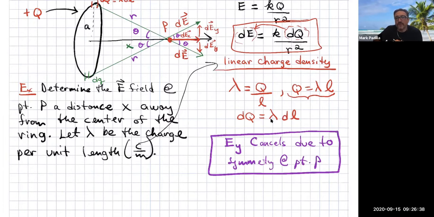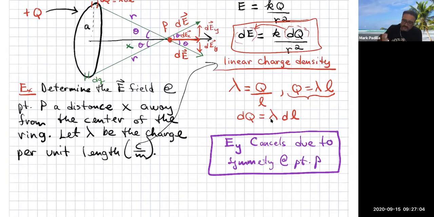So you always want to state that. It's a simple statement, but you need to state it. Electric field in the Y cancels due to symmetry. And especially if you're writing code and you're trying to describe an electric property in some type of gaming app, you would need to put that in there. So really the electric field for this problem is only going to be in the X dimension.